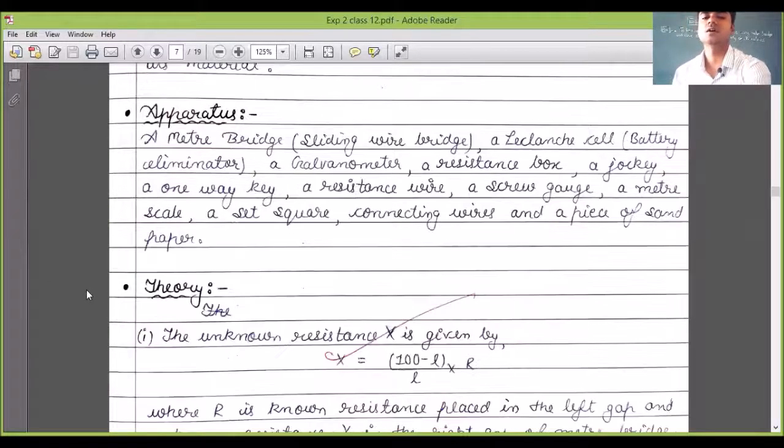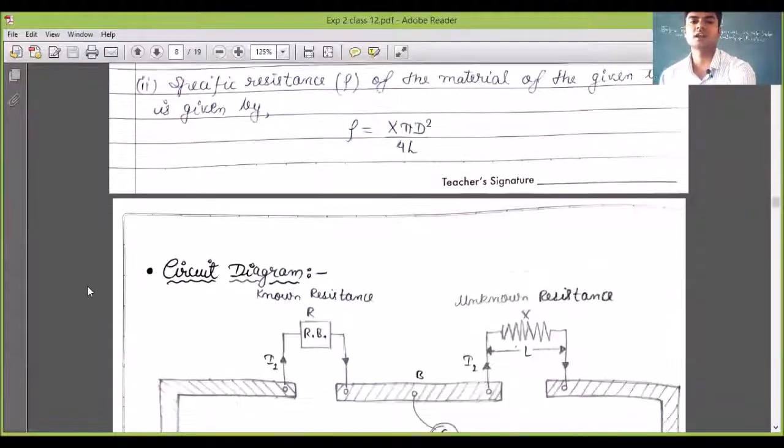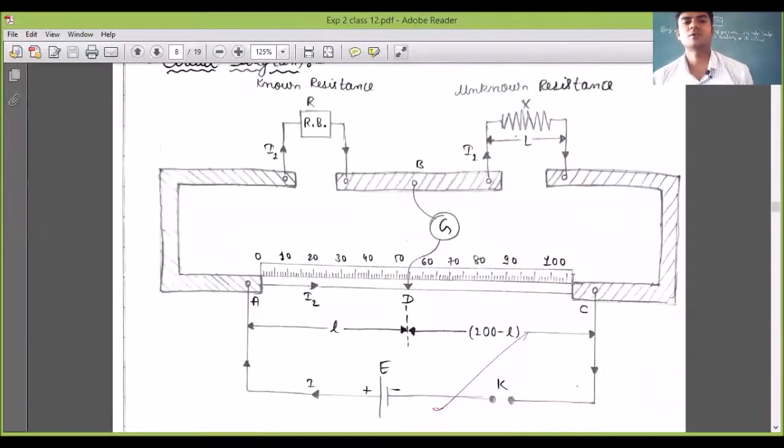Then we'll see how the circuit diagram will look. This is our meter bridge, in which the main scale is there. Then the connection goes to the resistance box, RB. Between the first gap, we have connected the resistance box.